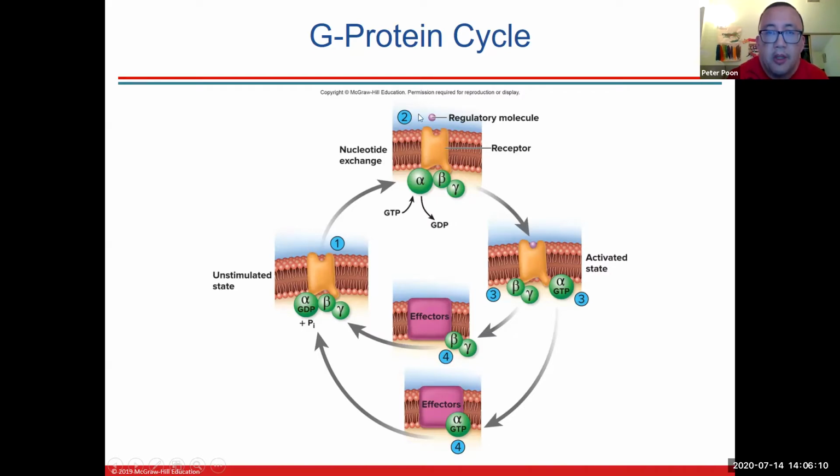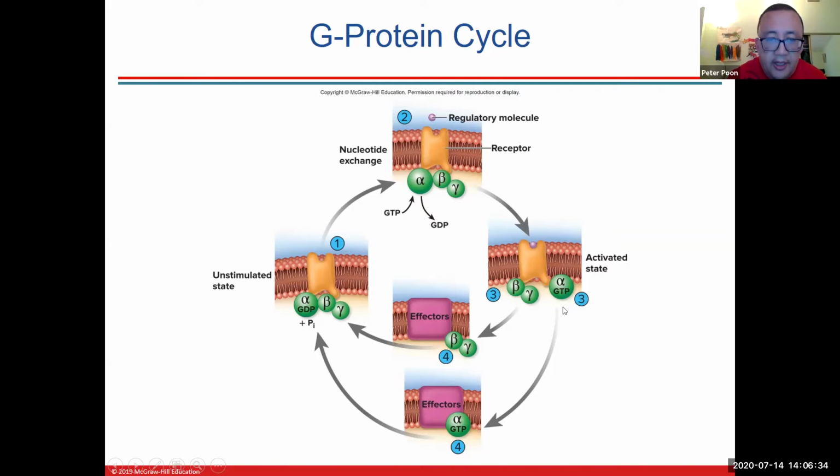When the regulatory molecule binds to the receptor, what happens is that the G protein becomes activated. It exchanges GDP for GTP, it cleaves the GTP, and therefore it becomes activated.